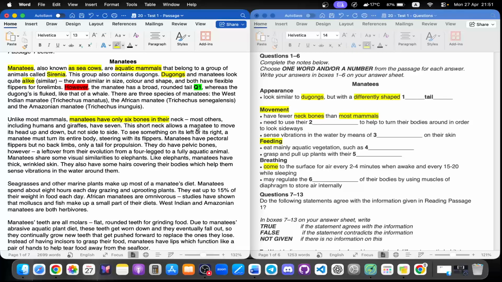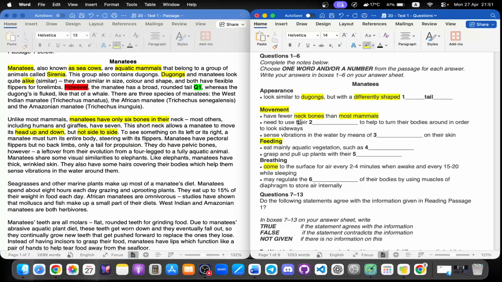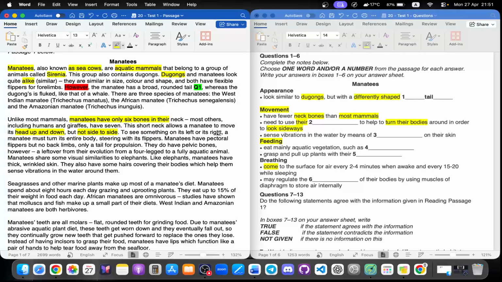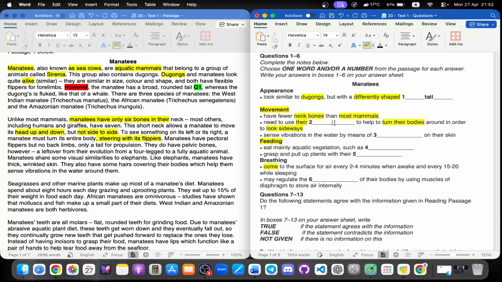This short neck allows a manatee to move its head up and down and not side to side. So we need to find what they use to help turn their bodies in order to look sideways. Sideways means from right to left. To see something on its left or right, a manatee must turn its entire body, steering with its flippers. So the answer is going to be flippers, basically.